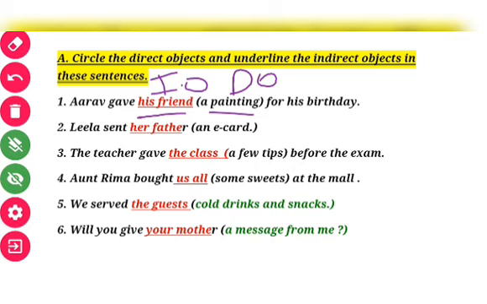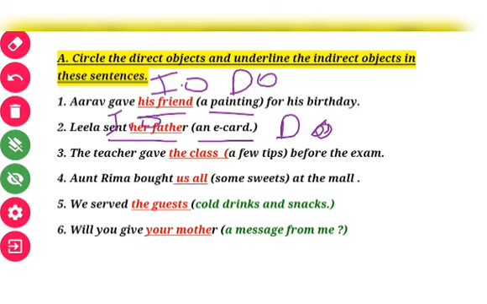Now the second: Lena sent her father an e-card. To whom did she send a card? Her father will be the indirect object. And what did she send to her father? An e-card. E-card will be the direct object.